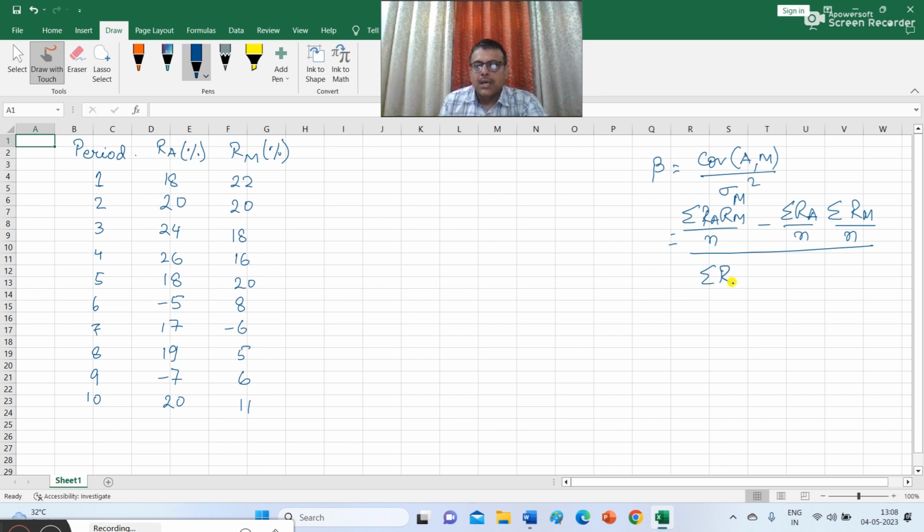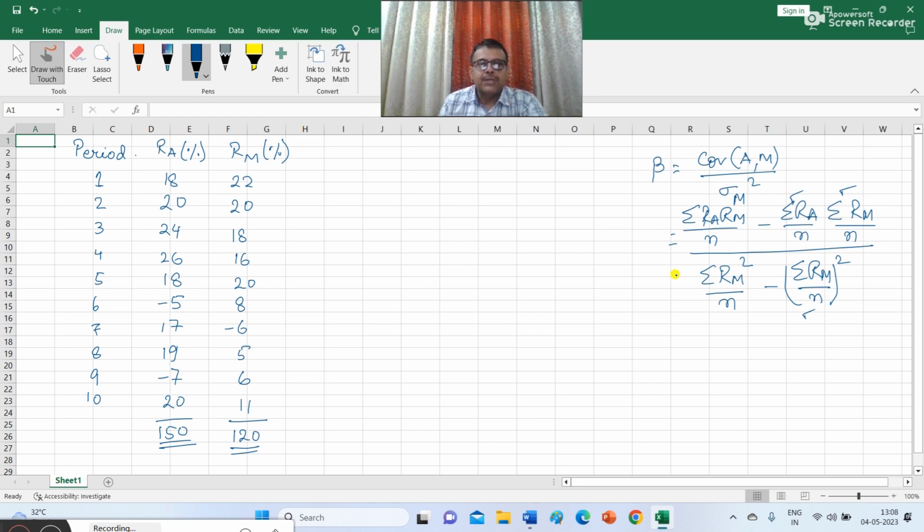That is summation Rm square by N minus summation Rm by N whole square. We are already given the sum total of RA is 150 and the sum total of RM is 120. So the sum total of RM we have already calculated.